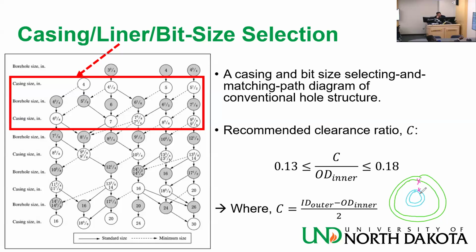Now you are talking about the inner casing and the outer casing. How do you calculate this clearance? The clearance ratio, C, is basically the inner diameter of the outer casing, which is this, minus the outer diameter of the inner casing, or tubular, divided by 2.